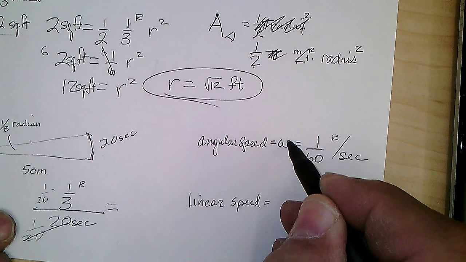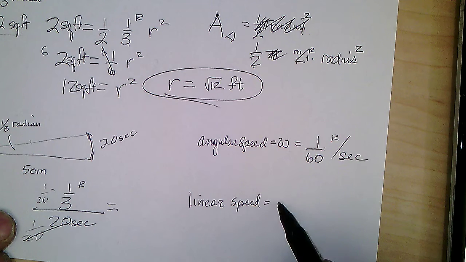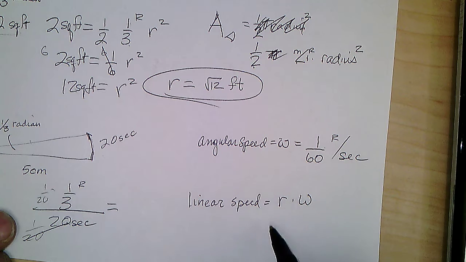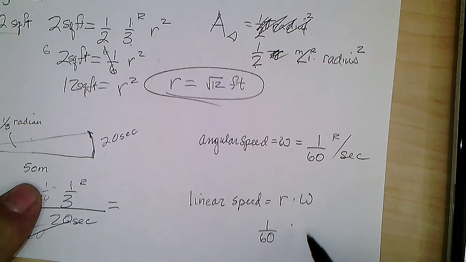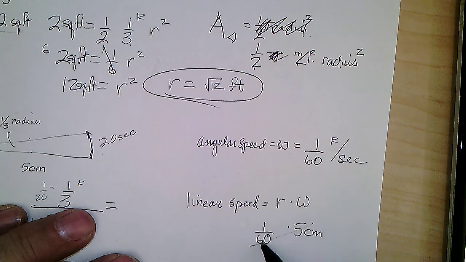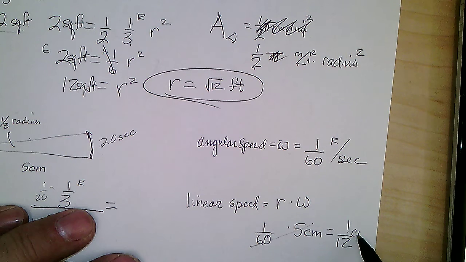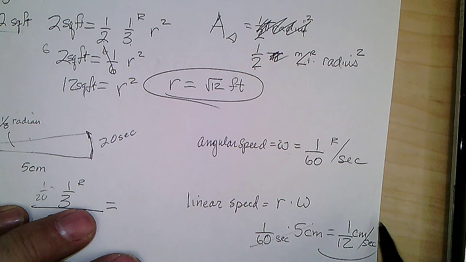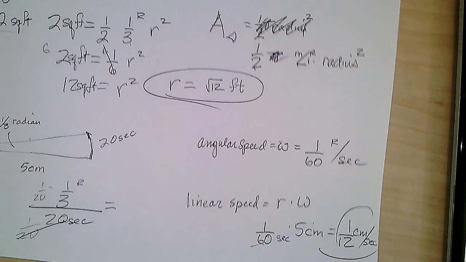That's angular speed, which is omega, and to get the linear speed, you take the radius times the angular speed. So I take 1/60th radians per second times the radius, 5 centimeters, and those reduce to 1/12 centimeter per second. That's the linear speed.